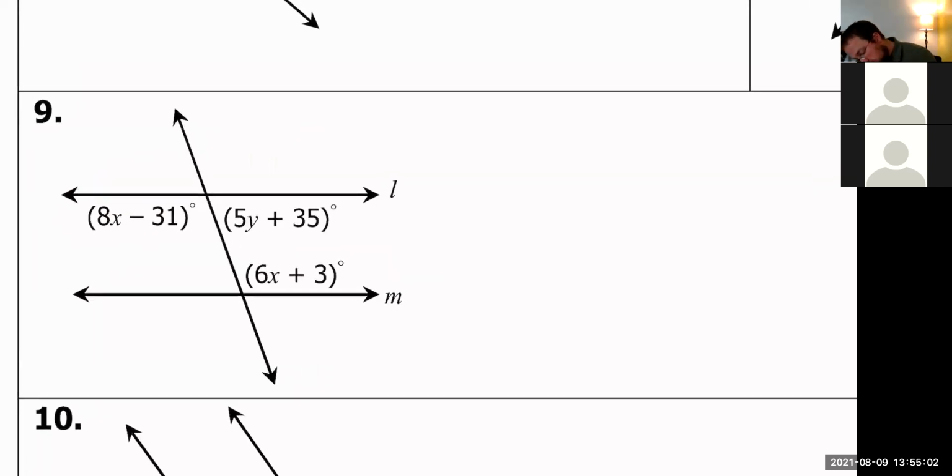So 8x minus 31 and the 6x plus 3, those are alternate interior, meaning that they are congruent. So we'll say alternate interior. Tells me that 8x minus 31 equals 6x plus 3.